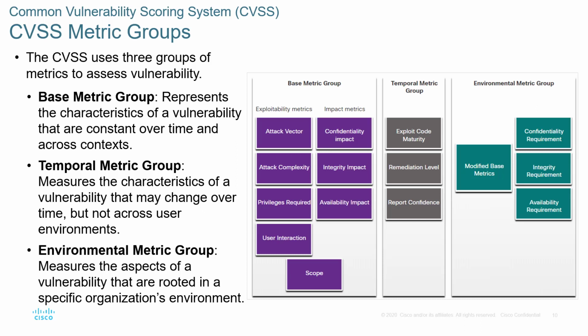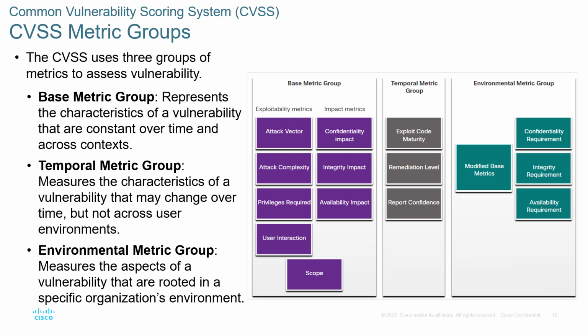our reporting. And then lastly, we have the environmental metric group. And this specifically looks at the aspect of vulnerabilities that are rooted in the organization's environment. Again, confidentiality, modified base, the availability requirement, the integrity requirement, sometimes the confidentiality requirement, as well as the confidence requirement.